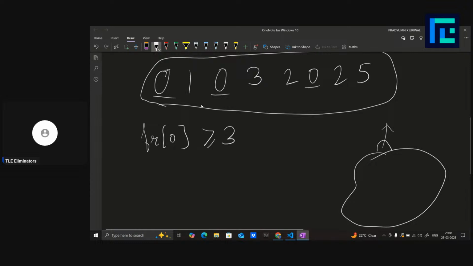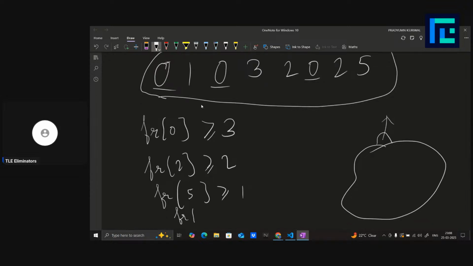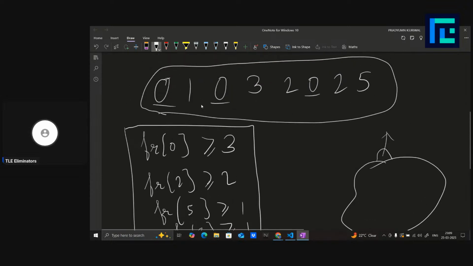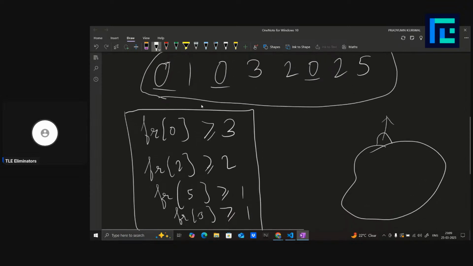Then similarly, the frequency of 2 should be at least 2, the frequency of 5 should be at least 1, and also the frequency of 3 should be at least 1, right? So if all four of these conditions are satisfied, then you can say that you will be able to form this date, right?